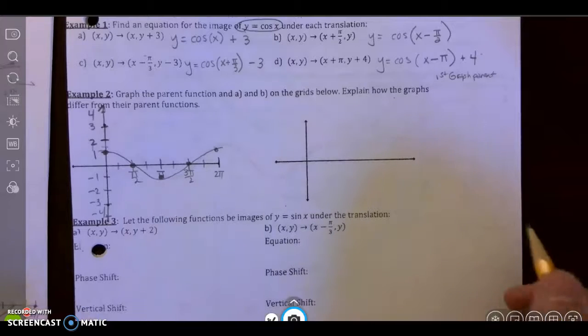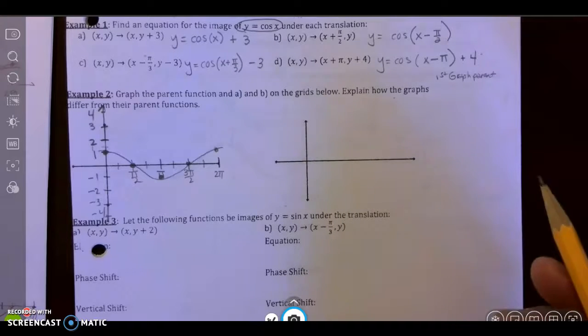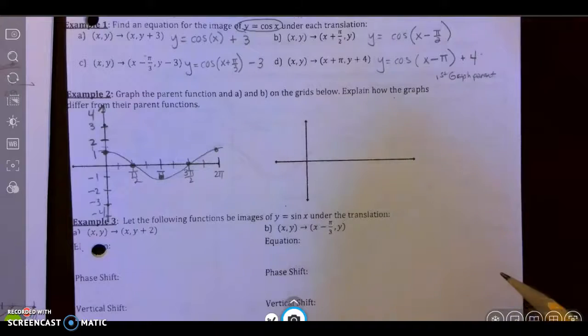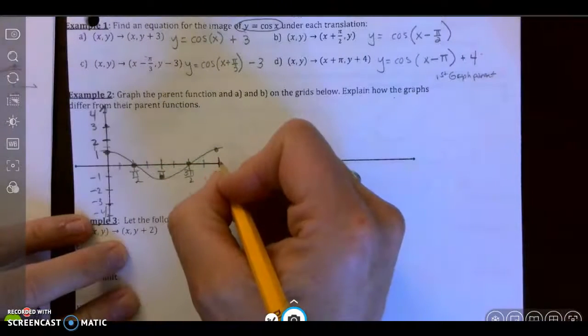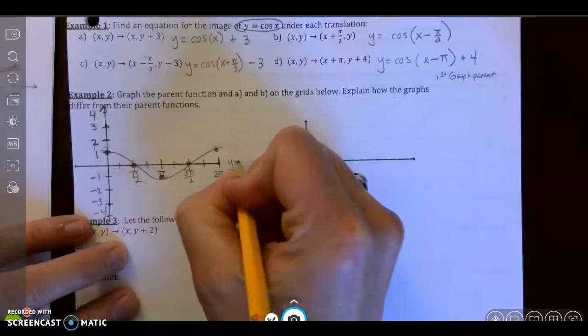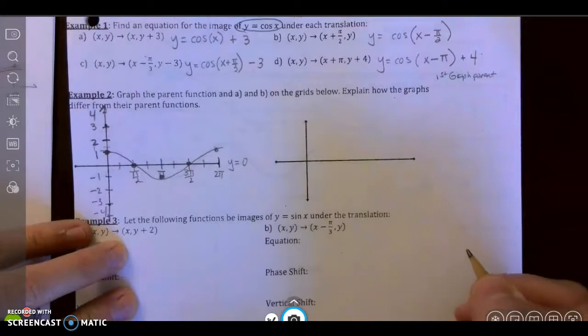And we have what we call the axis. And the axis is the line where the distance above and below is the same. So for the parent function, y equals 0 is the axis.